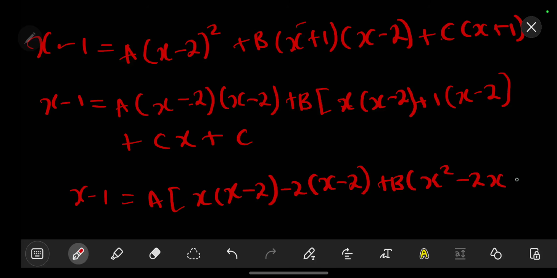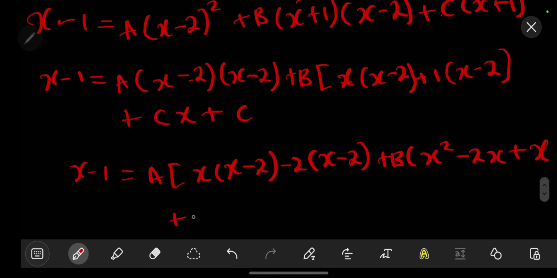Then we have plus 1 times x, it will be x, like that. So we have x squared minus 2x plus x, so we should have minus 2, like that. Then we are going to get plus our cx plus our c.